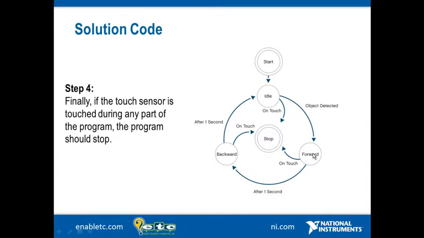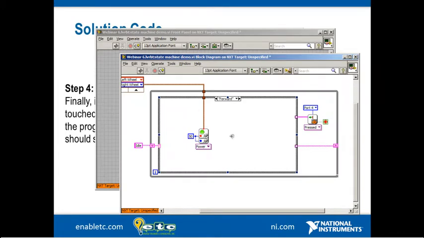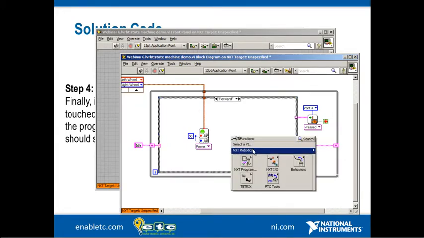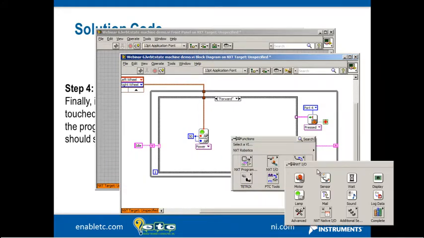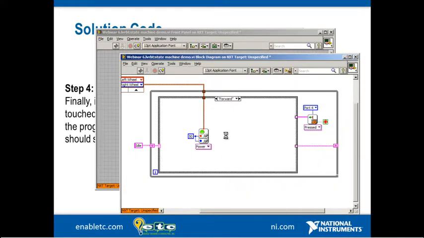Okay, so we've got our move forward state, we've started the robot moving, and what we need to do now is after 1 second transition into the backward state. So in order to achieve that, it's really simple. Let's just create from our NXT programming palette, from our NXT-IO palette, a wait for function.